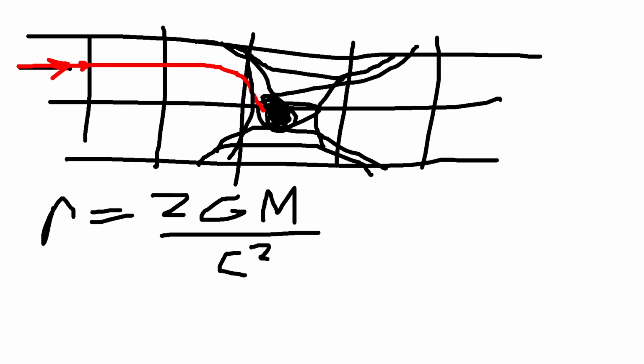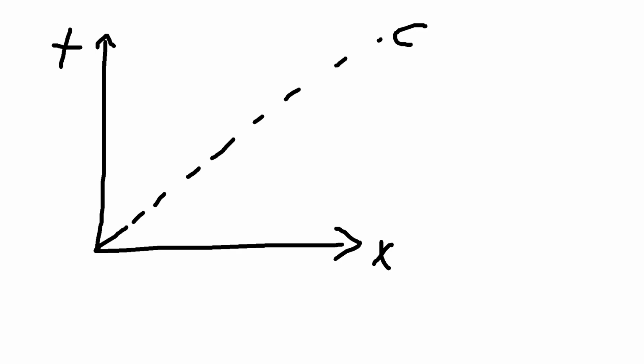So let's talk about exactly how things go wrong in the general relativity formulation. So first, let's do some diagrams of space and time. So let's put up two axes here for time and distance. And let's say this line is the speed of light between them.